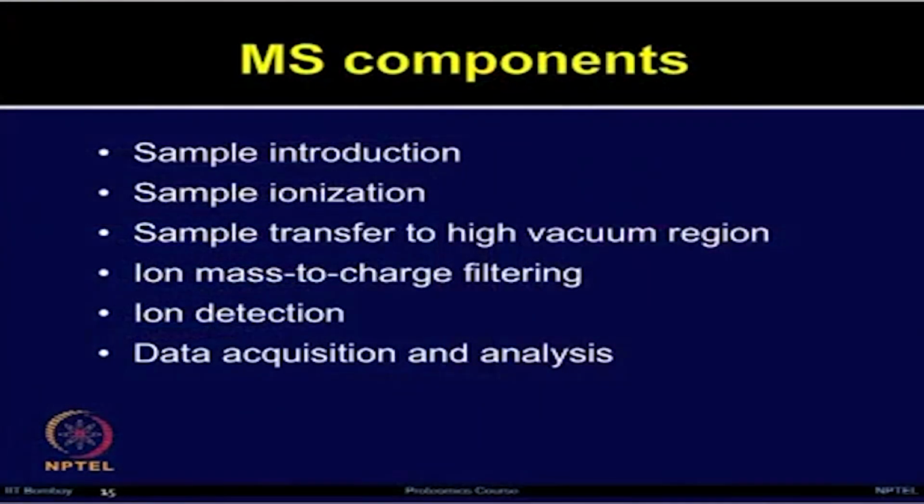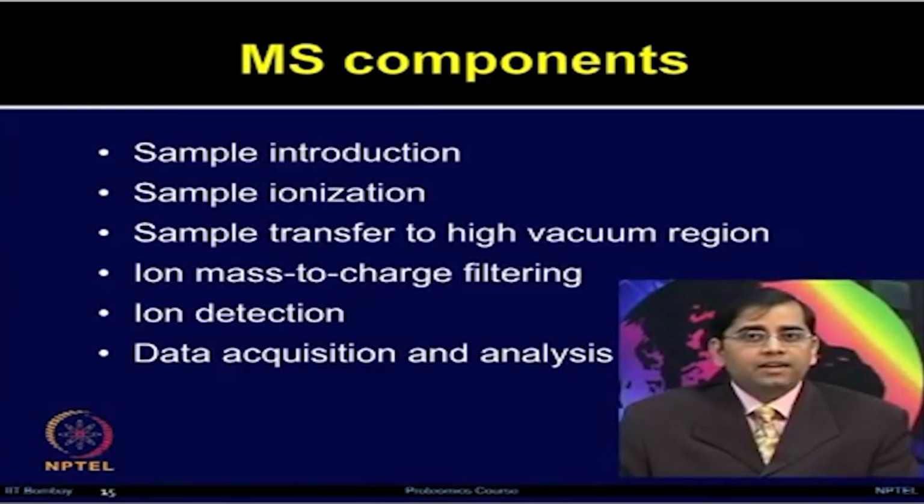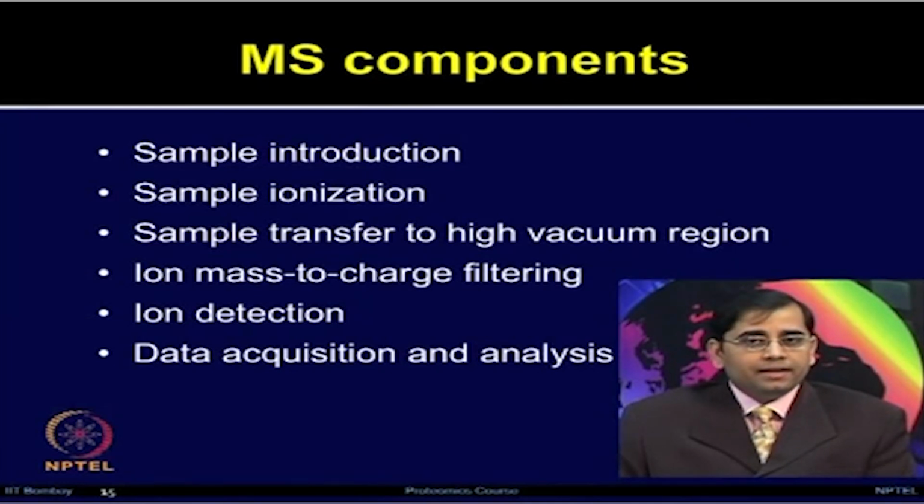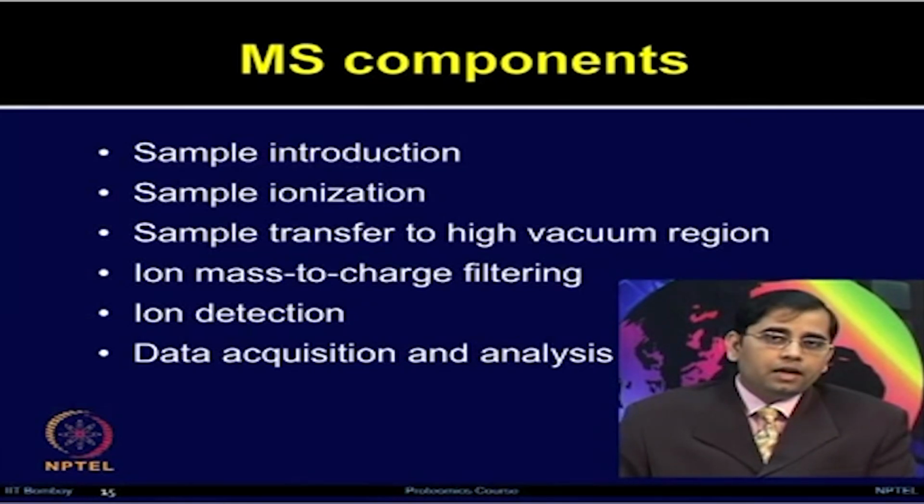Sample ionization, with the various types of ionization sources currently available. Sample transfer to the high vacuum region. Ion mass to charge filtering can be performed by the mass analyzers, ion detection by using detectors, and then data acquisition and analysis by using the data system.